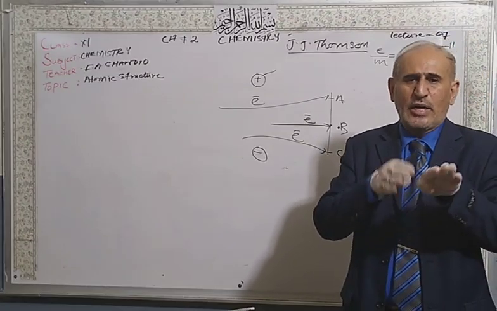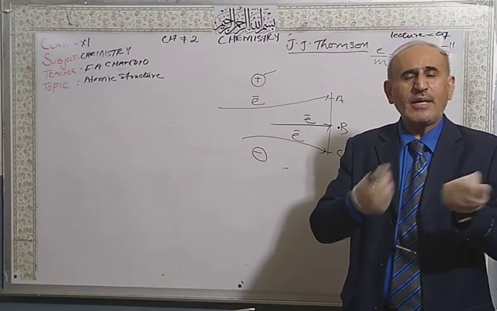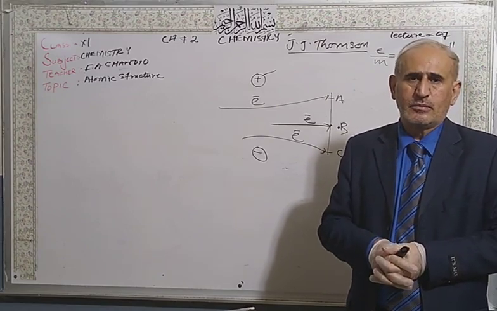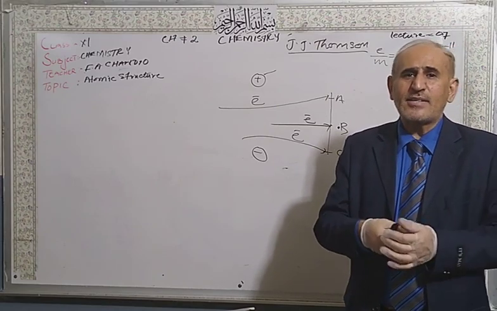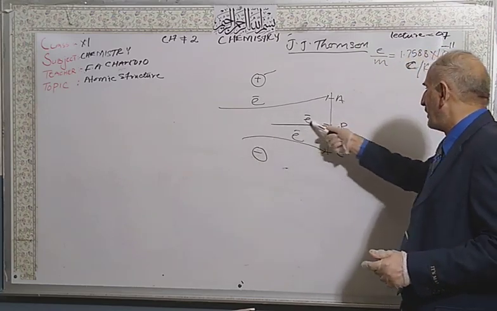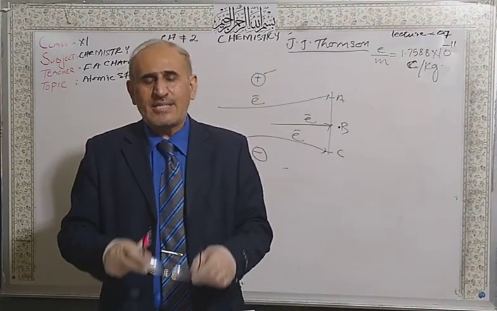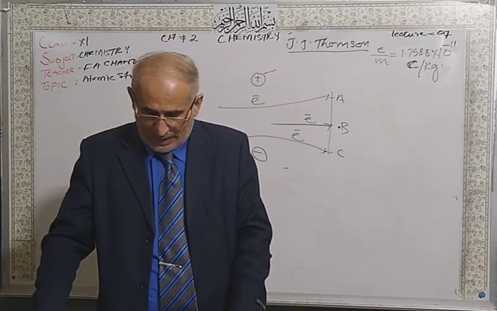When they are equal, their effects are cancelled. Then again the cathode rays strike point B, the center.